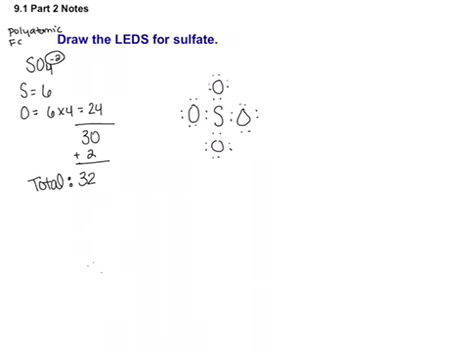I kind of do a little shortcut here and say, all right, here this oxygen has 8. And there are 4 oxygens that look exactly like that. So 4 times 8 is 32. So, yep, we have all of our electrons placed. Because it's a polyatomic, you need to remember the brackets and to write the charge outside.